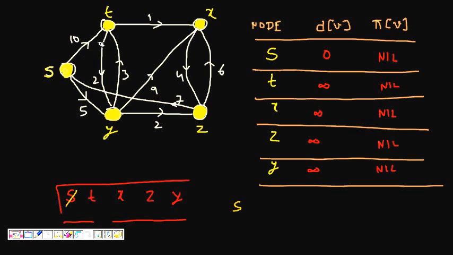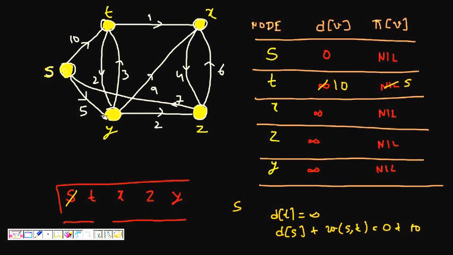At t, d of t is infinity, and we have d of s plus weight of s comma t, which is 0 plus 10. So 10 is less than d of t, so we set d of t as 10 and its parent as s.